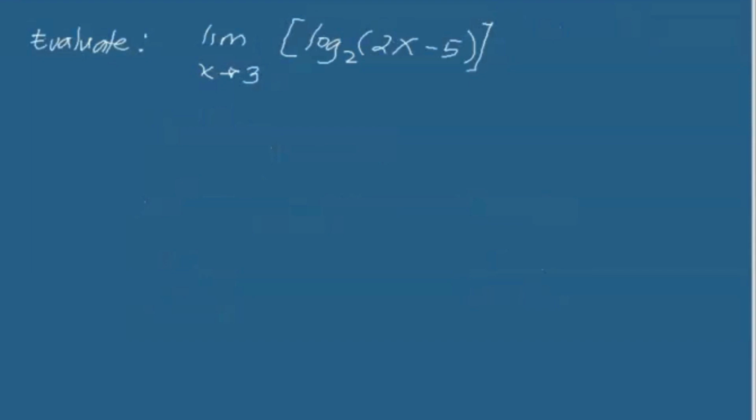Evaluate the limit of the logarithm of 2x minus 5 base 2 as x approaches 3. So let's use direct substitution. So this would be f of 3, and replace our values of x with 3. So this would be the logarithm of 2 times 3 minus 5 base 2.